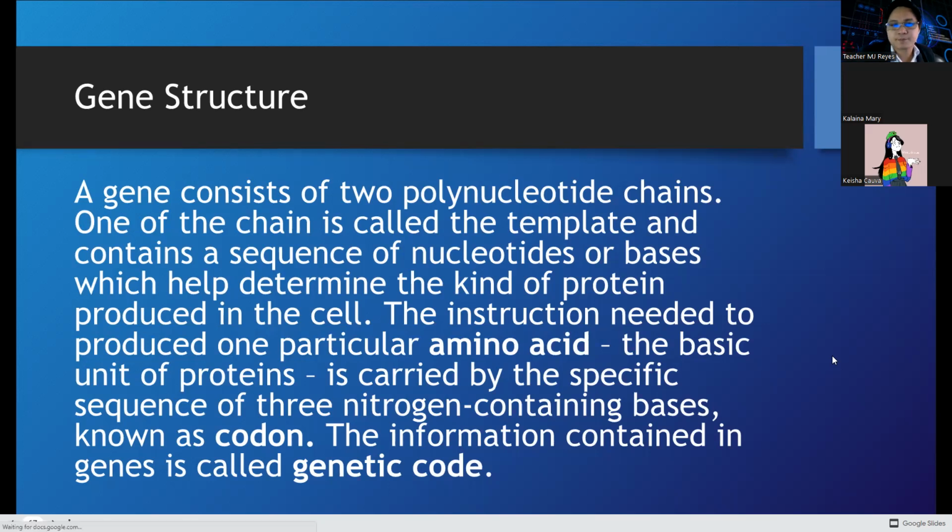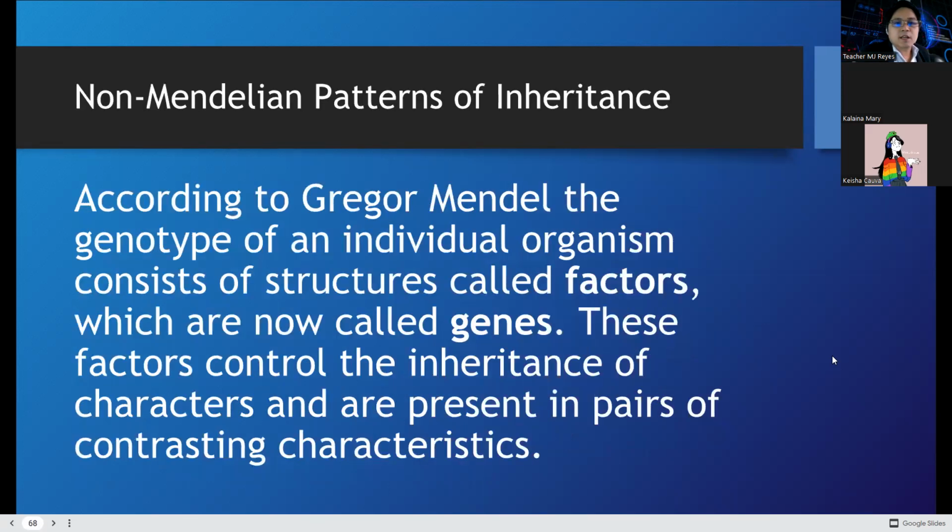Okay. Let's take a look at the non-Mendelian patterns of inheritance. According to Gregor Mendel, the father of modern genetics, who was a priest that studied peas, he saw some patterns. These are the Mendelian patterns. But there are also non-Mendelian patterns of inheritance. What are these? According to Mendel, the genotype means the genome or the genes of an individual organism.